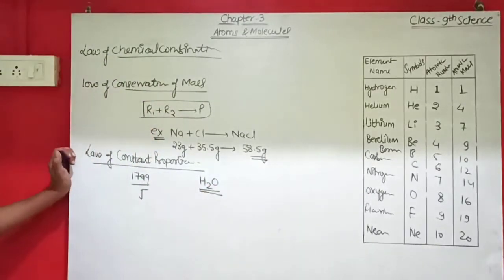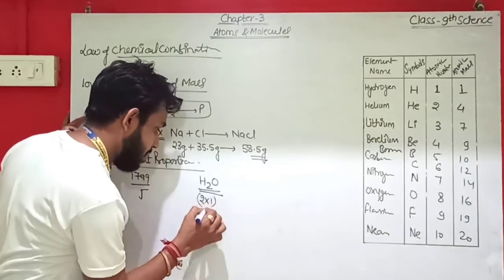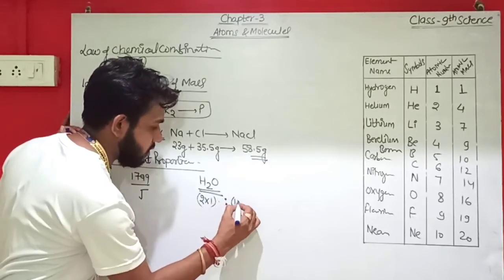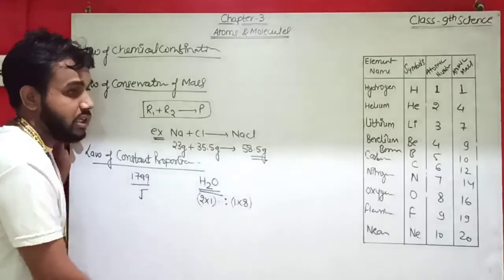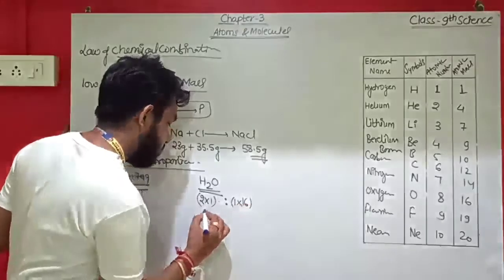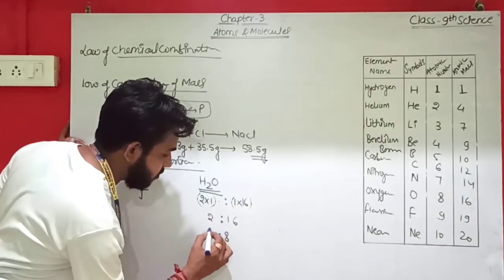For example, water, H2O. That means the number of hydrogen is 2 and the number of oxygen is 1. The atomic number of oxygen is 8, and atomic mass is 16. So this is 2 ratio 16, that means 1 ratio 8.